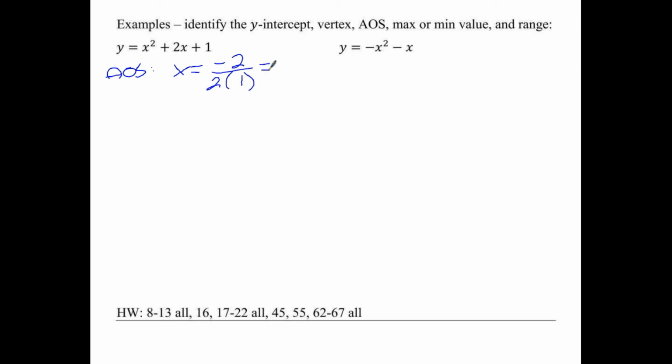And then we simplify all that, and we get negative 1. So then we're going to formalize that answer. x equals negative 1. We write that directly underneath the AOS that we wrote down. And there you go. There's your answer. Axis of symmetry is done. Now what?